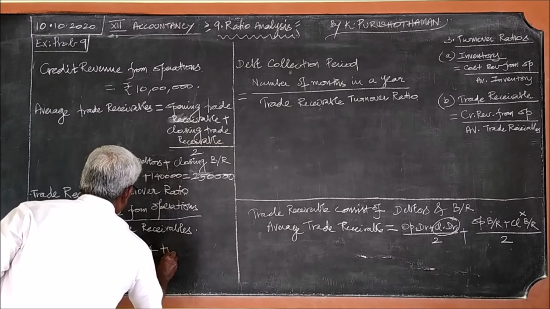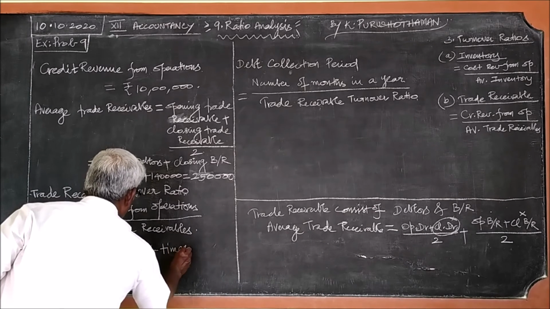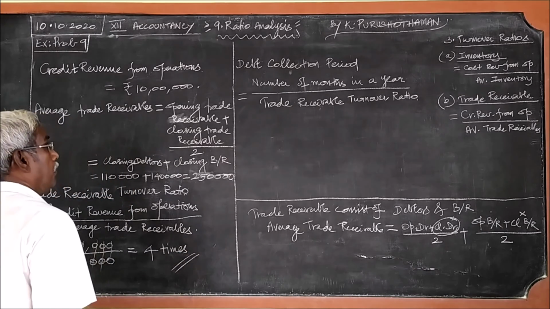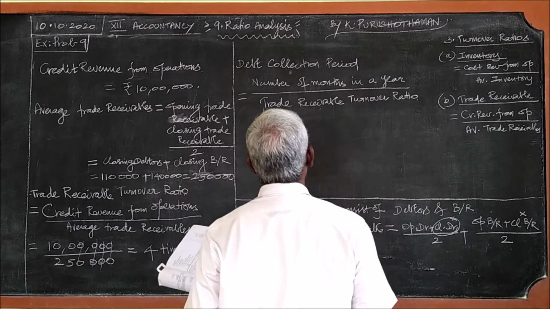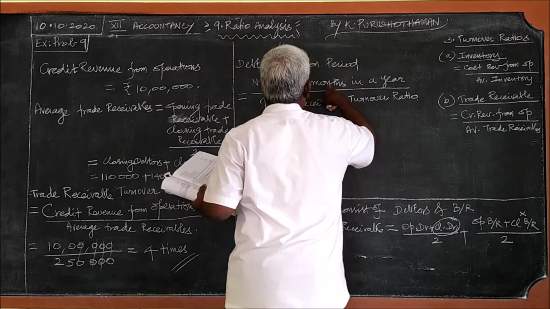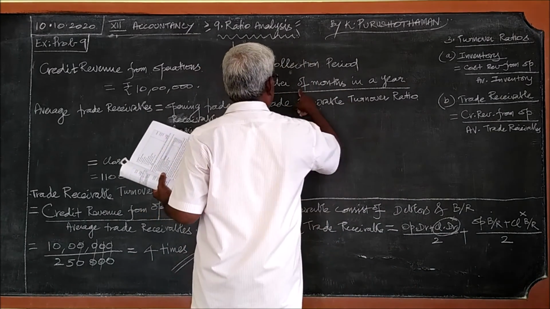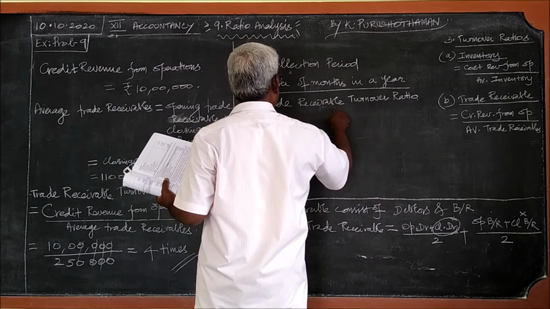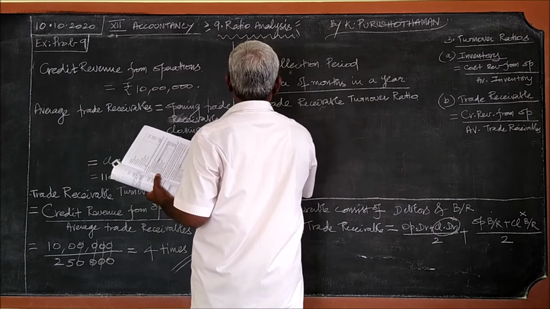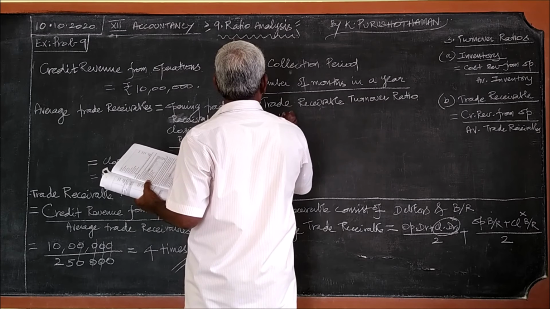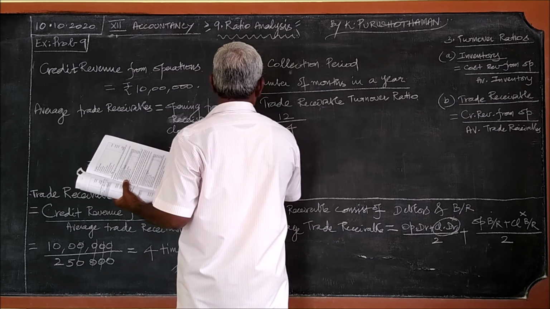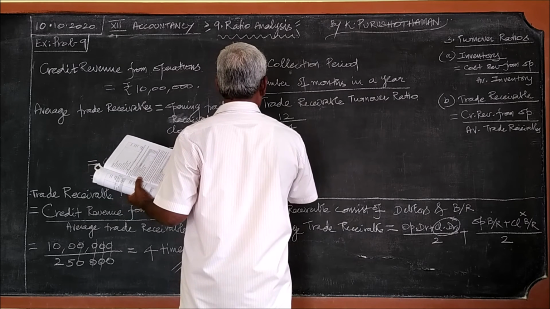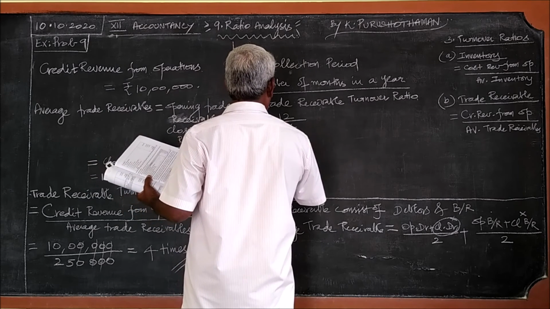You should write times in the answer. Okay, 4 times. Here the debt collection period in months only is asked, with the same formula. If it is in days, it is the number of days in a year divided by this trade receivable turnover ratio. Here it is months, therefore 12 by 4 times, which is equal to 3 months.